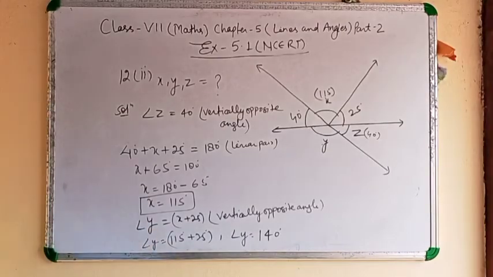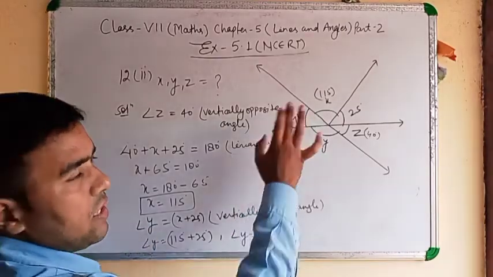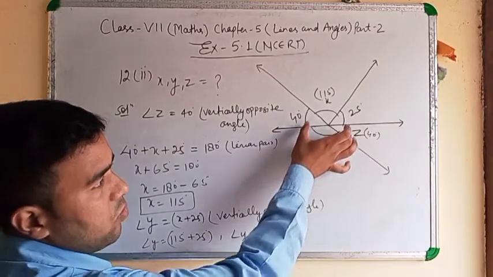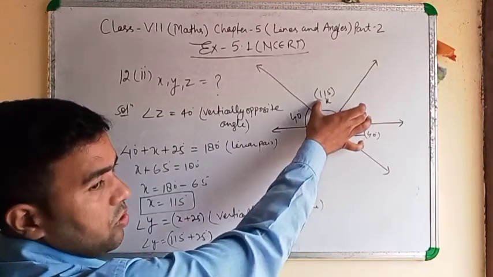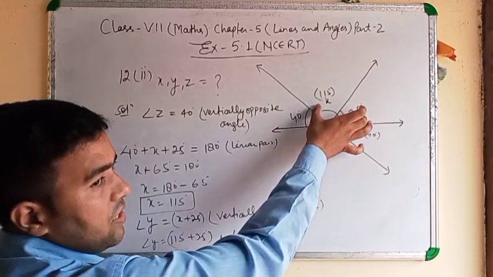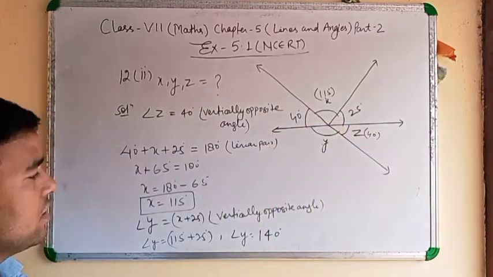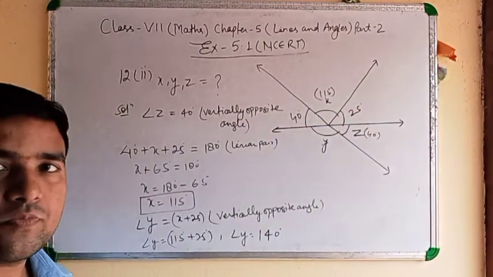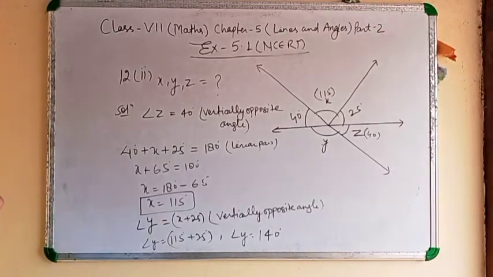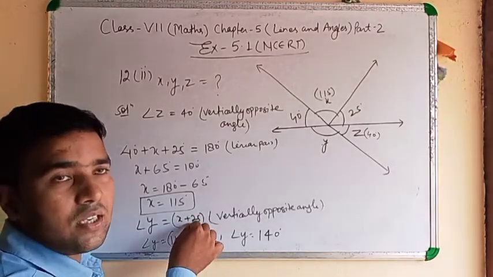After that, for y, you don't take 40. y is vertically opposite to x plus 25. Both are vertically opposite. Clear? Then y equal to x plus 25, you will write. Clear?